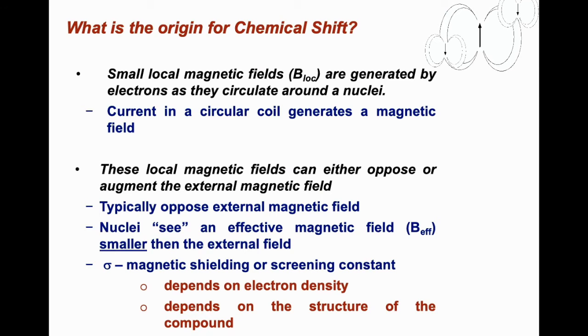Initially, we consider only the nucleus. When you place it in an external static magnetic field, it will precess at the Larmor frequency. That's all. But now I am saying that the electrons are there. Since electrons are there, naturally we will have a secondary magnetic field, and that magnetic field has to be taken into consideration.